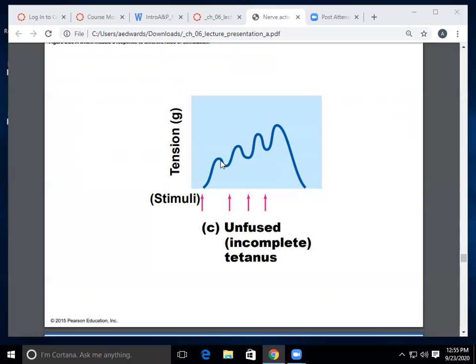The other piece of this that I want you to know is you do get some relaxation. You can see you do get peaks and valleys. Each peak and each valley is higher than the one before it, up until you get to a certain maximum tension, but you get this sort of stair-step pattern.